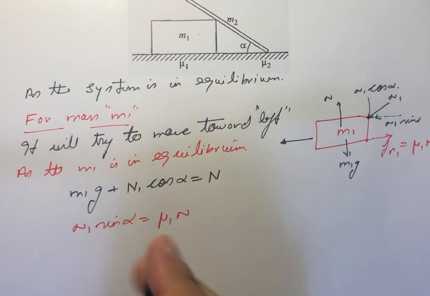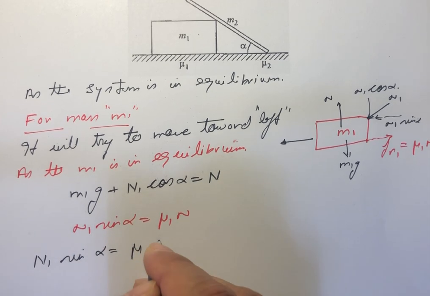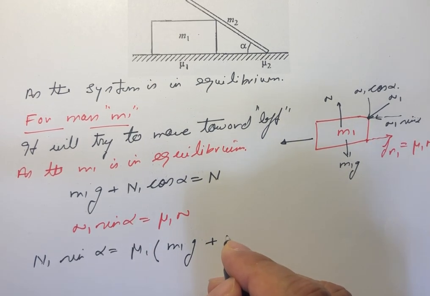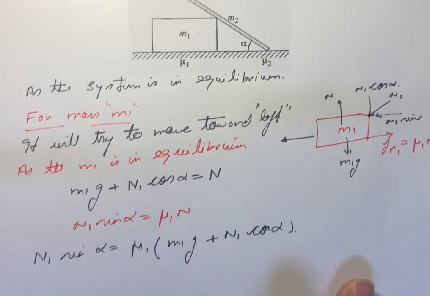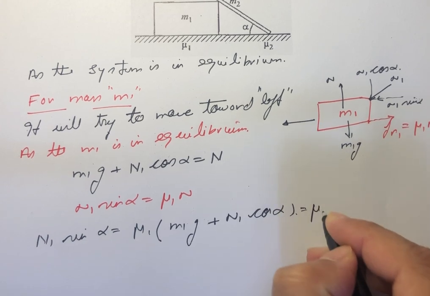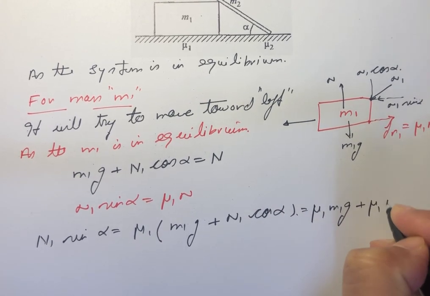We get n1 sine alpha is equal to mu1 times m1g plus n1 cos alpha. So we can open this bracket, we get mu1 m1g plus mu1 n1 cos alpha.